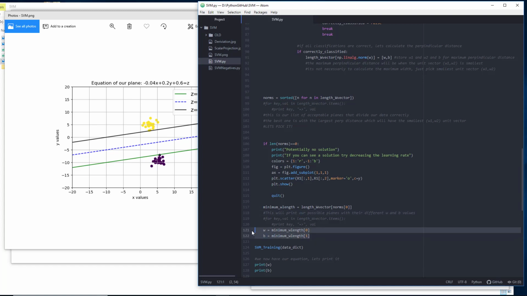And here we actually get our W and B. This is our W, and that's going to be W0 and W1. And this is our B. So these are our final coefficient solutions.